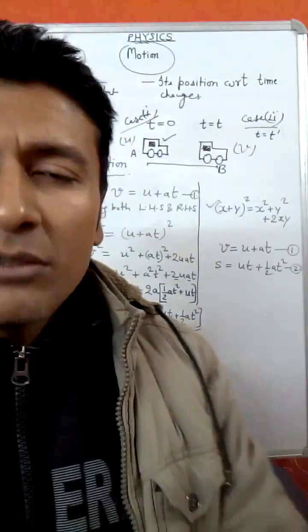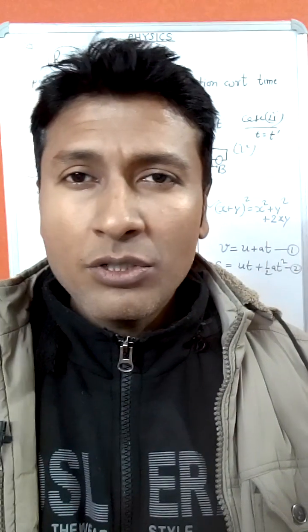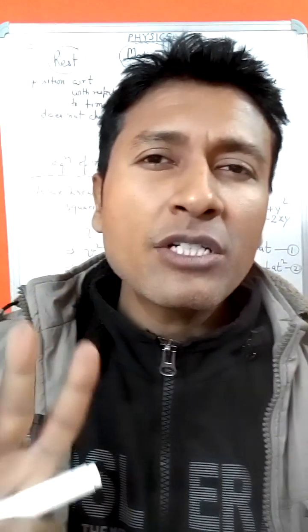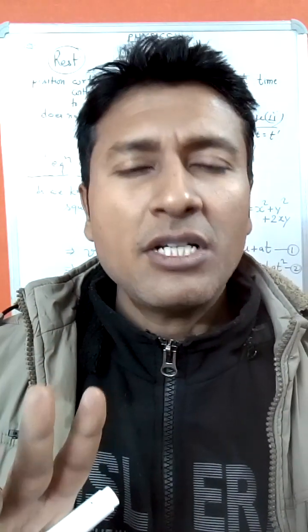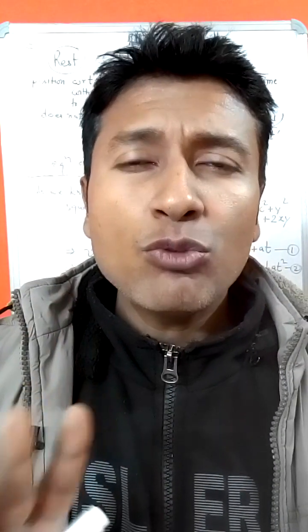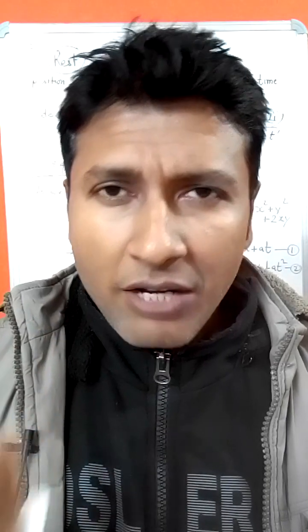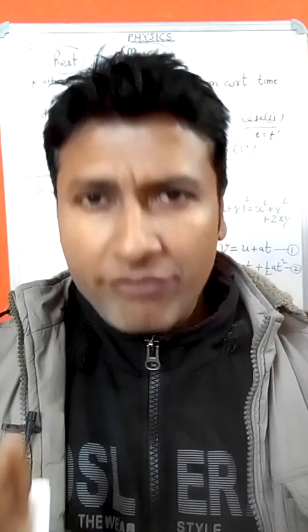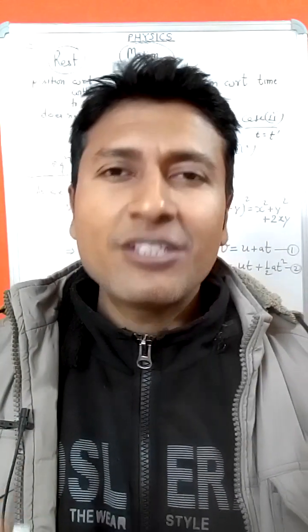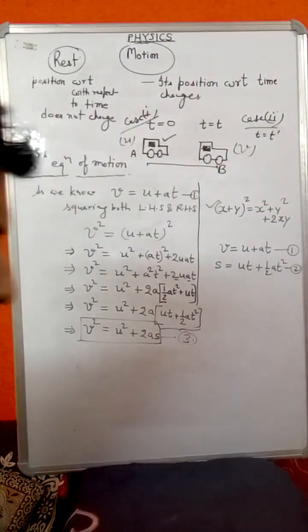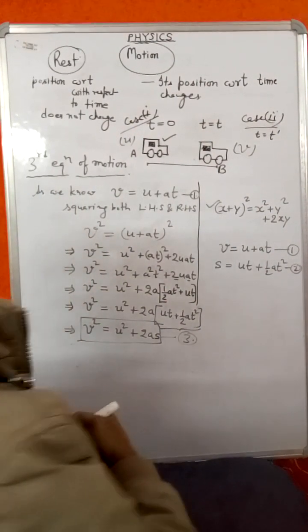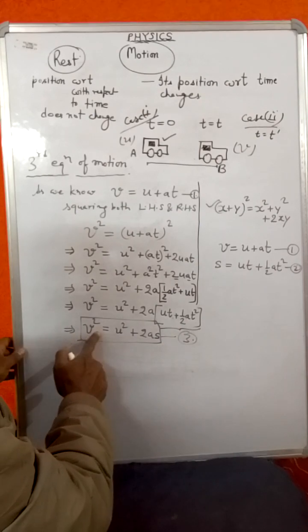Right? So hence we have understood all the 3 equations of motion, starting with v is equal to u plus at, s is equal to ut plus half at square, and finally v square is equal to u square plus 2as. Right? Now let's have a look.